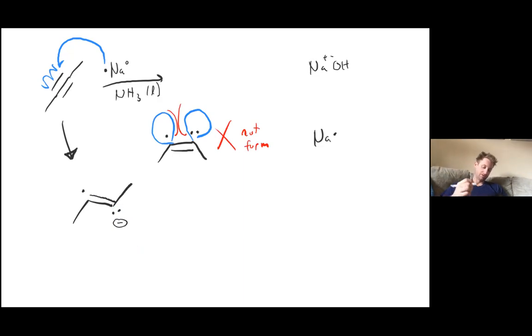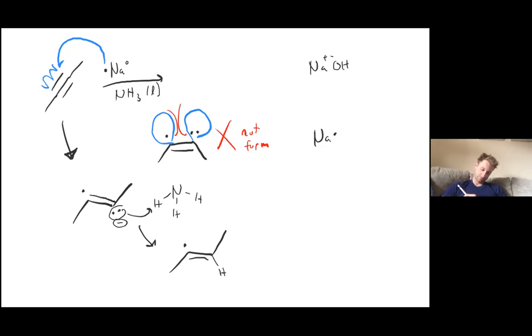From this point, we've got ammonia in solution. So we're going to pick up a proton from ammonia to get this radical here. From this point, we're just going to rinse and repeat.